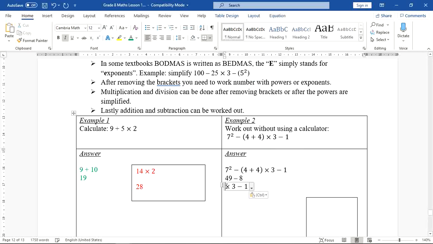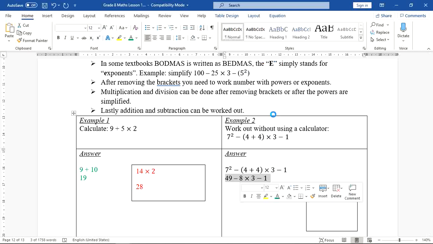After that, now I can do the multiplication. I have removed the exponents and the brackets, so now it's multiplication. 8 times 3 should give us 24.